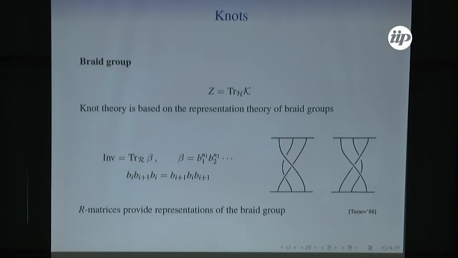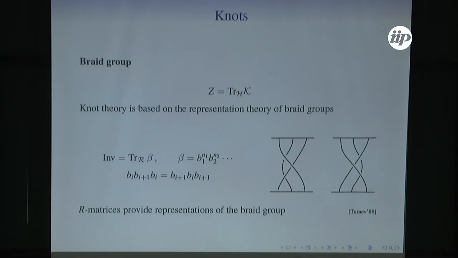And this K becomes an element of the braid group, which by definition satisfies the Yang-Baxter equation, and this just follows from a simple picture here. And that was used later in the 90s as a method to compute knot invariants.